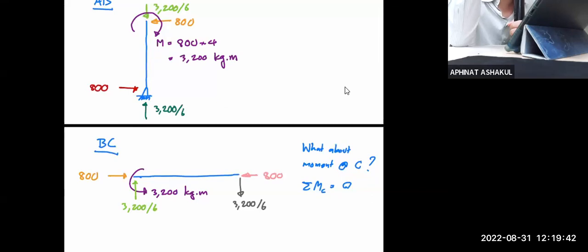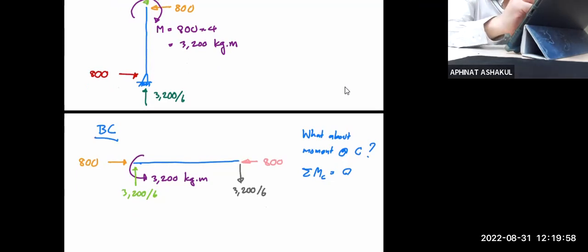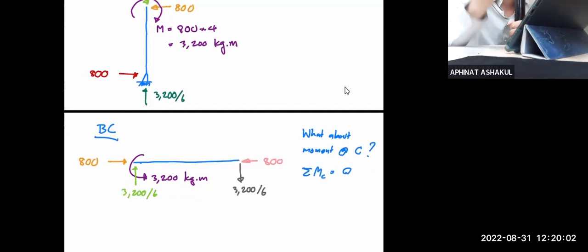You should see that the 3200, the purple one, is doing the counterclockwise rotation if you take moment about C, and the 3200 over 6, green here, is trying to do the clockwise. So you can just go ahead with the calculation very easily if you can see the direction.